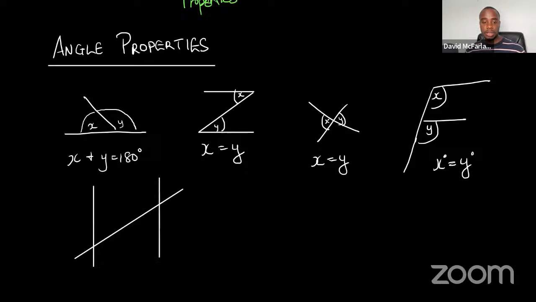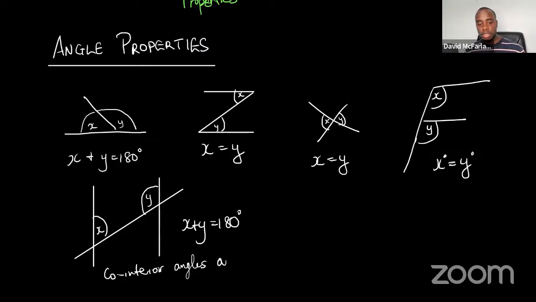Remember that if we have two angles like this, then they will sum to 180 degrees. So X plus Y equals 180. In other words, co-interior angles are supplementary. Right? So that's another one.